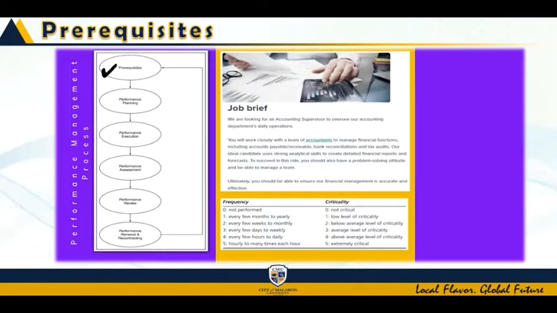Job analysis is a fundamental prerequisite of any performance management system. Why? Because without this, it is difficult to understand what constitutes the required duties for a particular job. If we don't know what an employee is supposed to do on the job, we won't know what needs to be evaluated and how to do so.